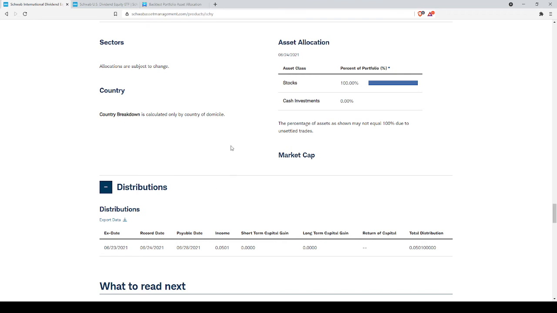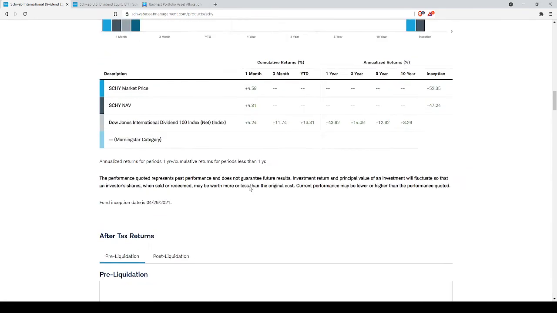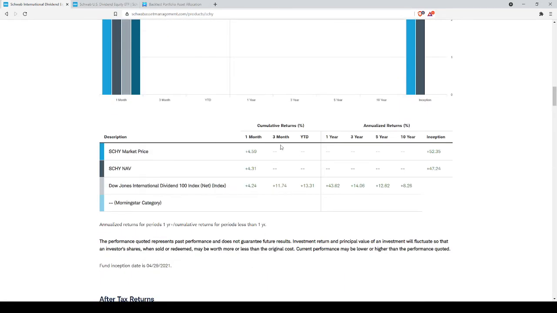Personally, I would say that SCHD, because it has a longer track record and being a good track record, is probably a better choice. We only have 2 months of data for SCHY so far, and as we can see from its returns, we only have a total of a 1 month return, which is about 4.5%. If we look at the actual index and go back over time, we can see it doesn't do poorly.